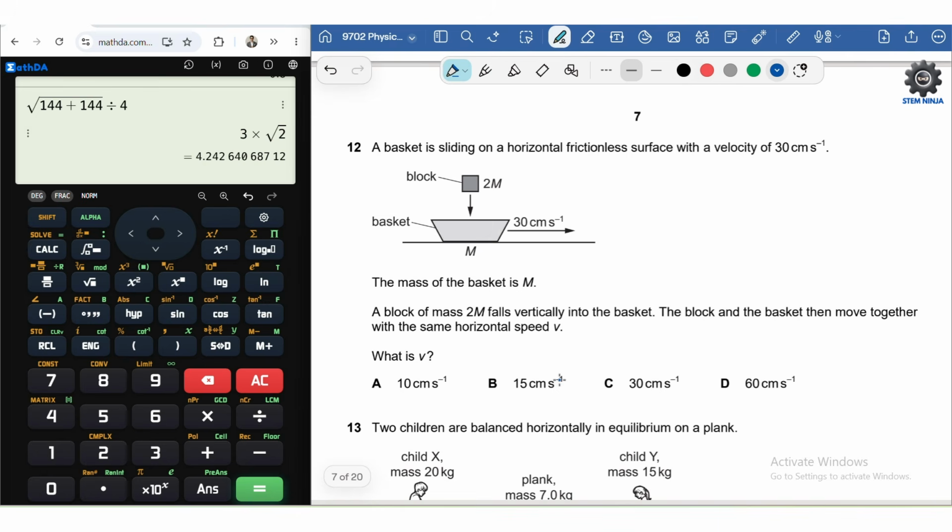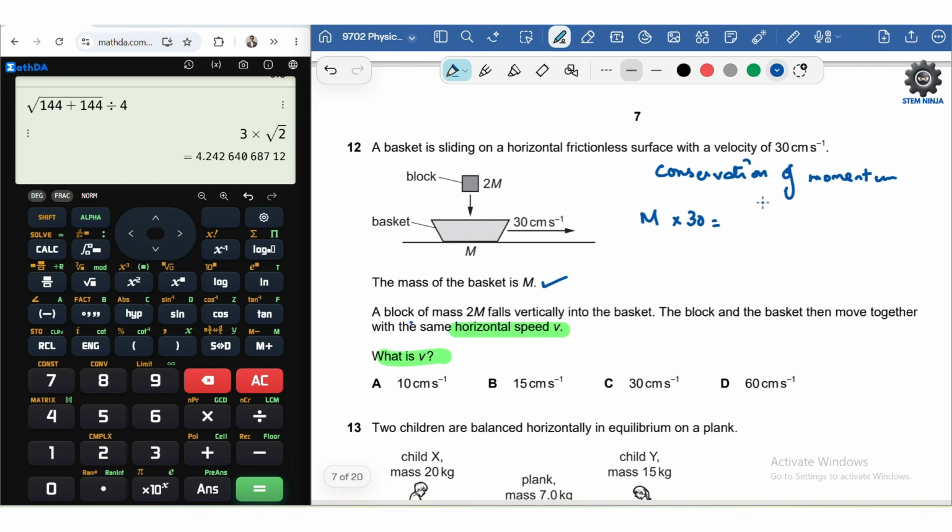A basket is sliding on a horizontal frictionless surface with a velocity of 30 meters per second. The mass of the basket is m. A block of mass 2m falls vertically into the basket. The block and the basket then move together with the same horizontal speed. What is v? So basically, we will utilize the principle of conservation of momentum. Momentum before is m times 30.